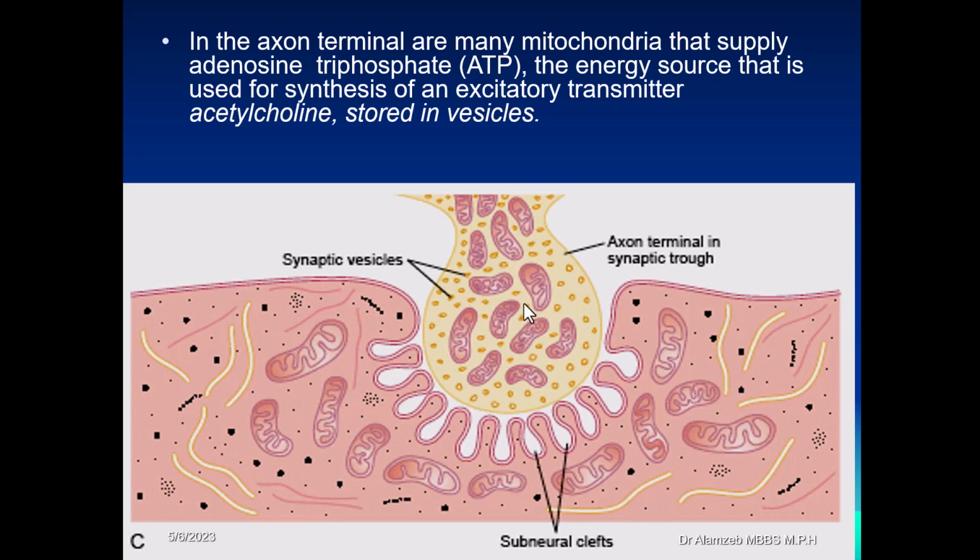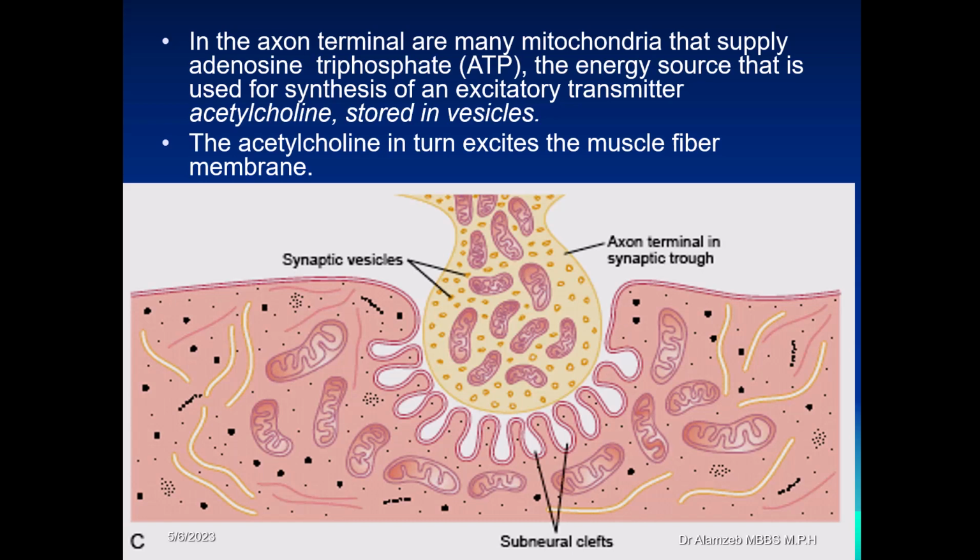This provides energy for the synthesis of acetylcholine and then transportation of this acetylcholine into the vesicle. The acetylcholine excites the muscle fiber membrane. When acetylcholine from the vesicle is released into the synaptic cleft, it acts on the muscle fiber, which has receptors for acetylcholine, and then it excites the muscle.